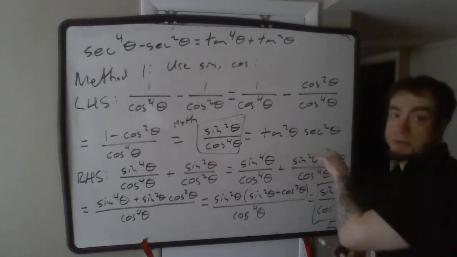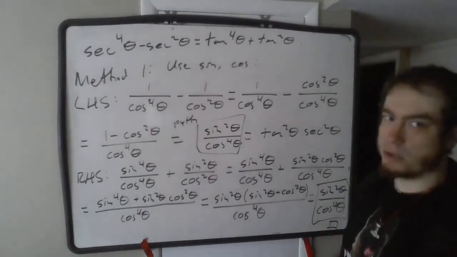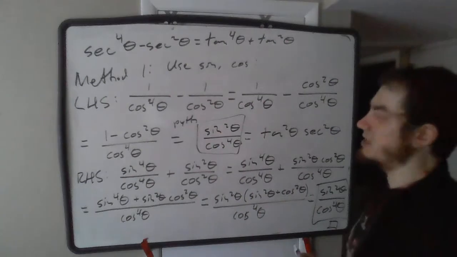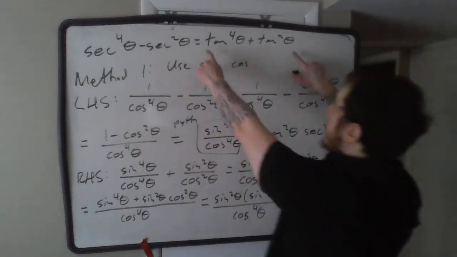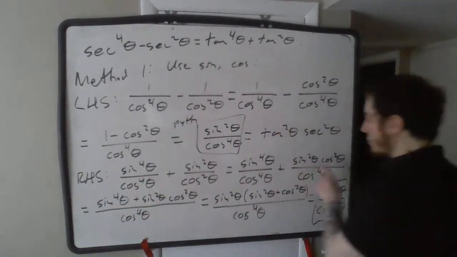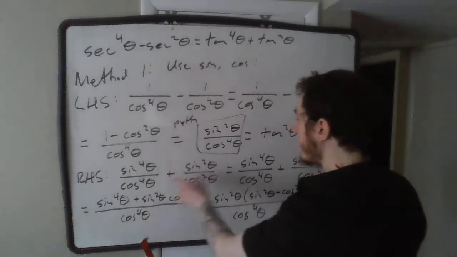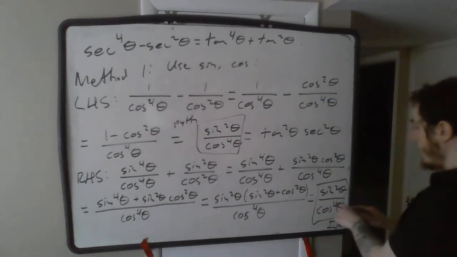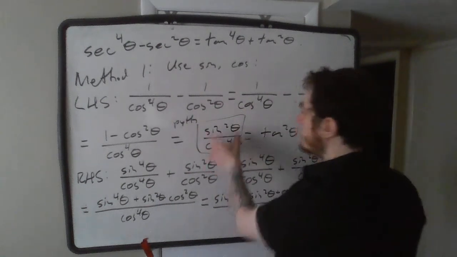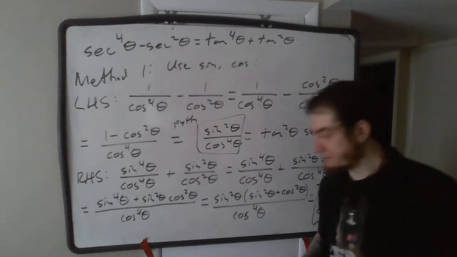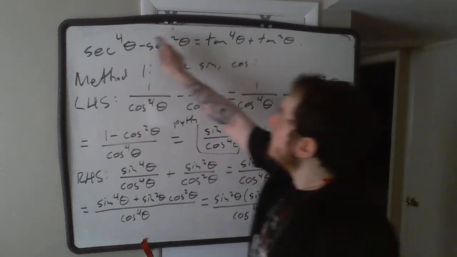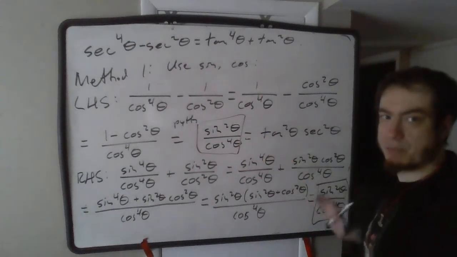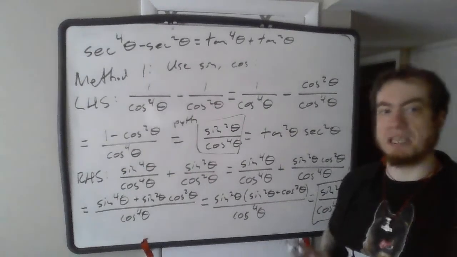I also wrote that in terms of tangents and secants, just in case that turns out to be useful for me later. Then this looked to be about as simple as things were going to get. So then I started working on the right-hand side. As I worked through the right-hand side, rewriting everything in terms of sines and cosines, I eventually got down to sine squared theta over cosine to the 4th theta, which is the same thing I got on the left-hand side. That means the left-hand side and the right-hand side both simplify to the same expression, and that means that they actually have to be equal.